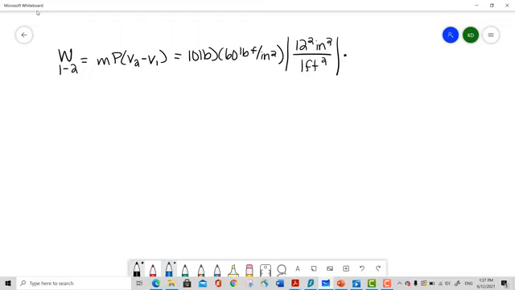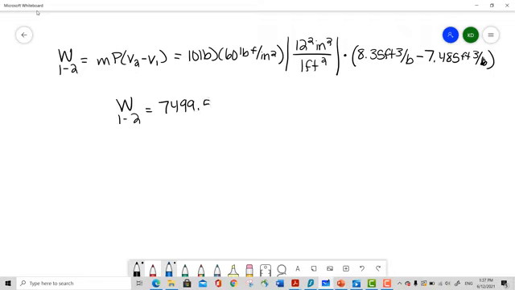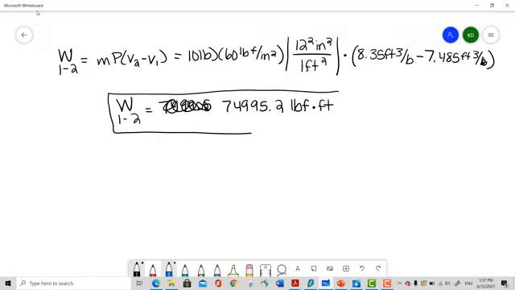And then times, remember, our V2, which is 8.35 feet cubed over pound, minus 7.485 feet cubed over pound. And then this just computes to 74995.2 feet pound force times feet.